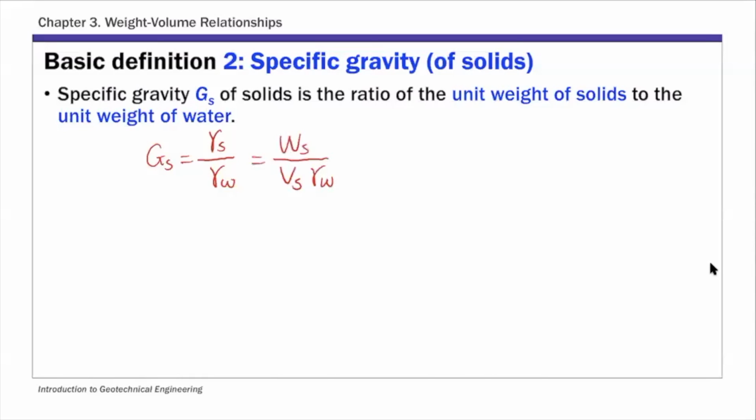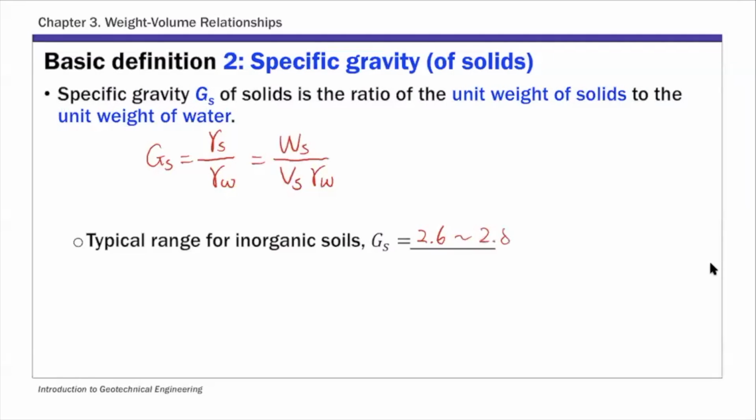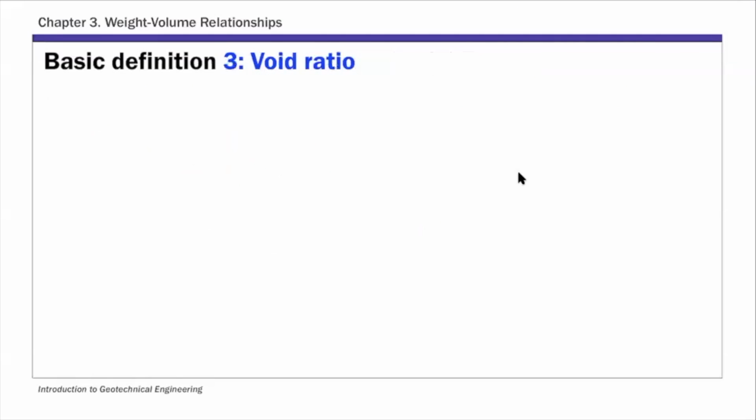So that's specific gravity. And the typical range of GS for inorganic soil is 2.6 to 2.8. And then the next basic definition is void ratio.